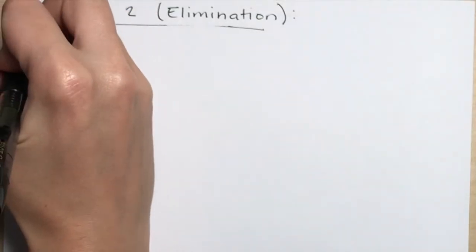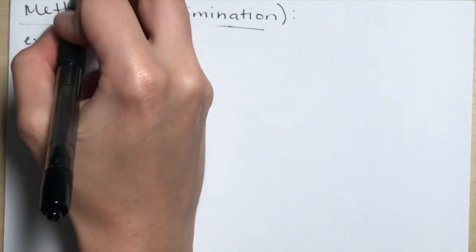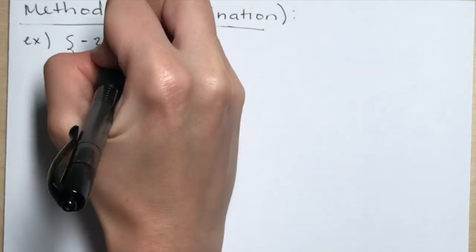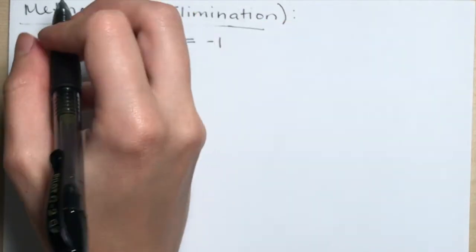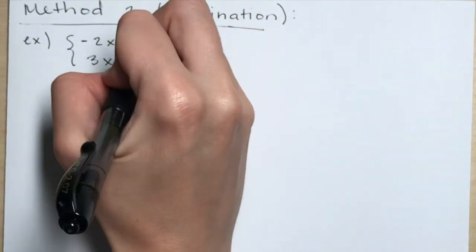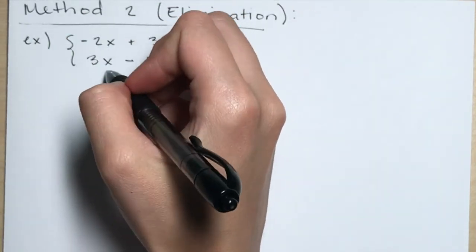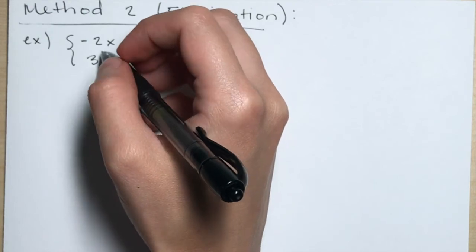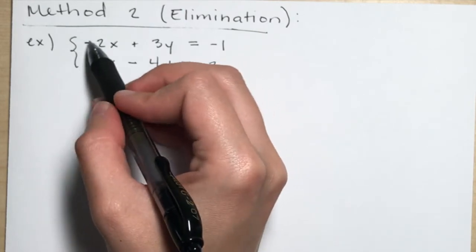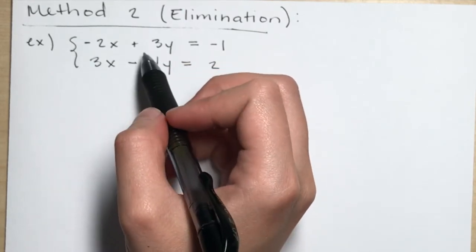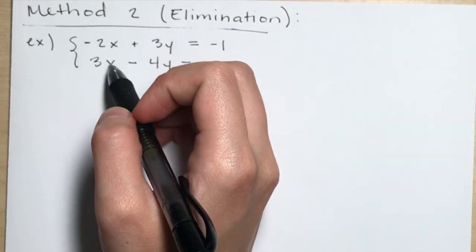All right, let's look at a couple more examples of this. Example 1, let's say we have negative 2x plus 3y equals negative 1, and 3x minus 4y equals 2. We've got to get equal coefficients with opposite signs. If we wanted to multiply one of them by something, for instance, multiplying the smaller one up to the larger one, we'd have to multiply this equation by 3/2, right, by 1.5.